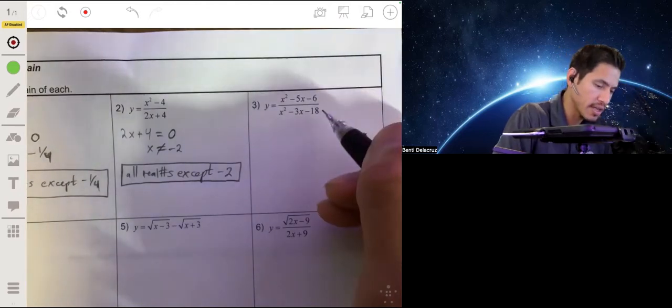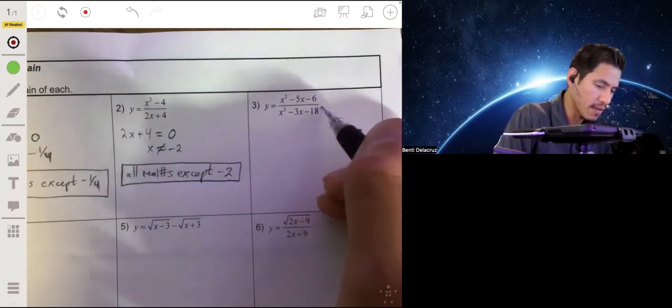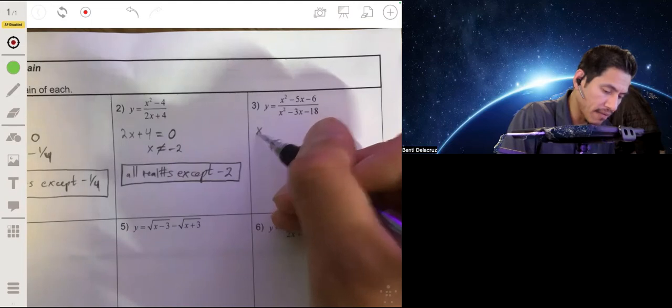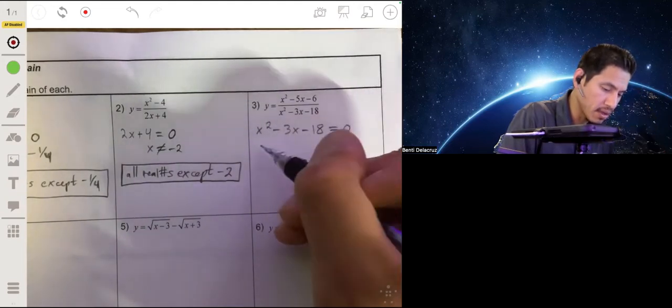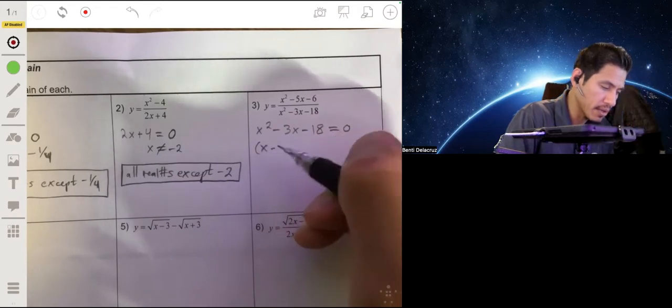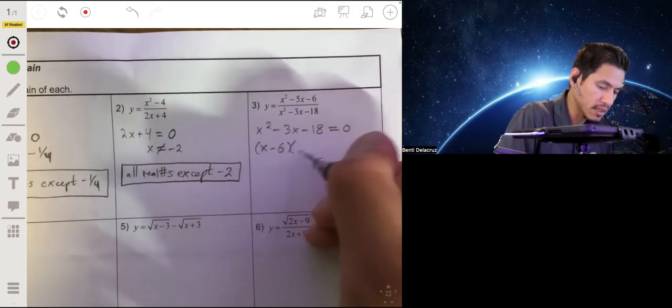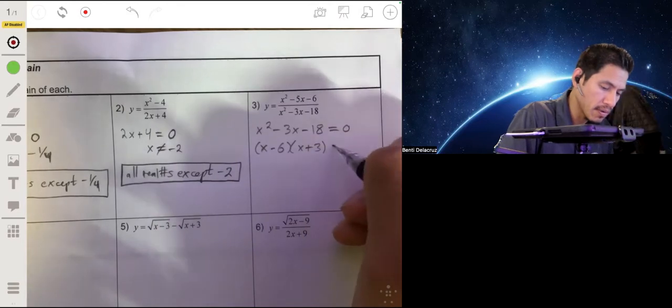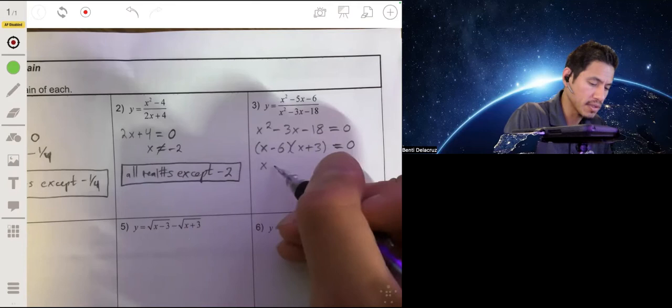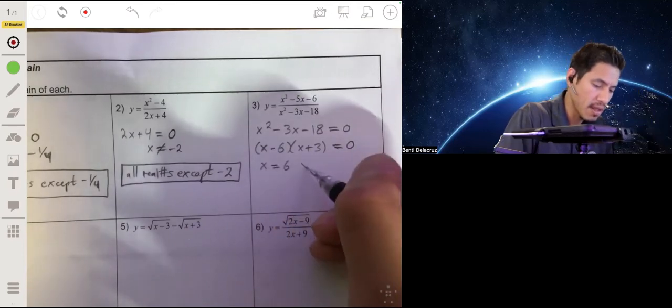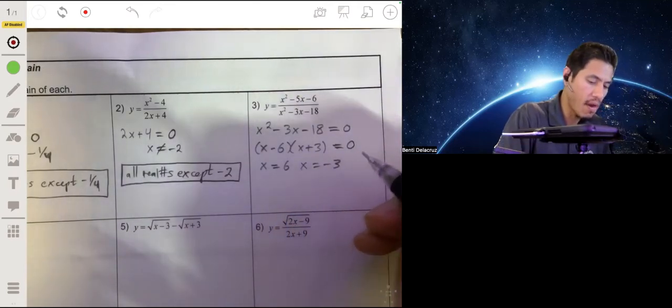Okay, so same idea here, except we're going to look at the denominator being factored. So we would have x squared minus 3x minus 18, set that equal to 0. We factor that. That would be equal to x minus 6 times x plus 3. Solving this, you would have x minus 6 equals 0, so then x is 6, and then x is negative 3.